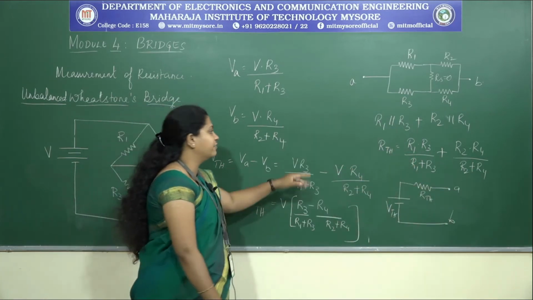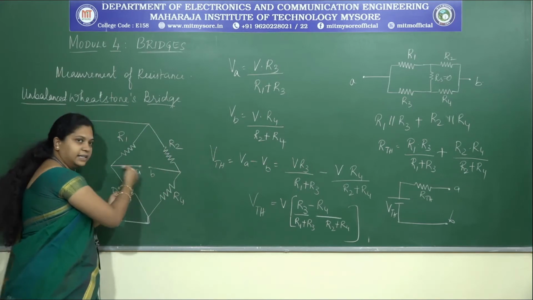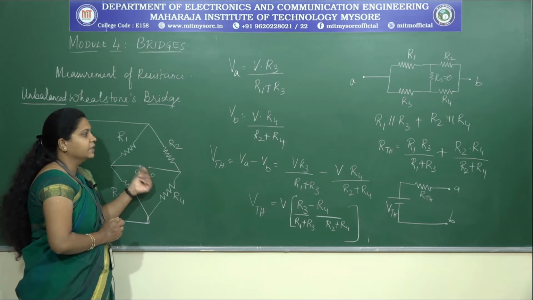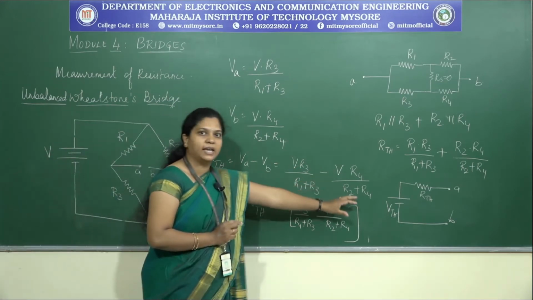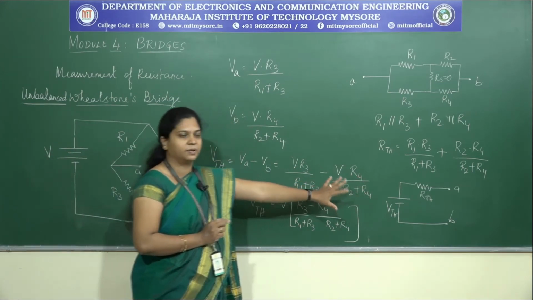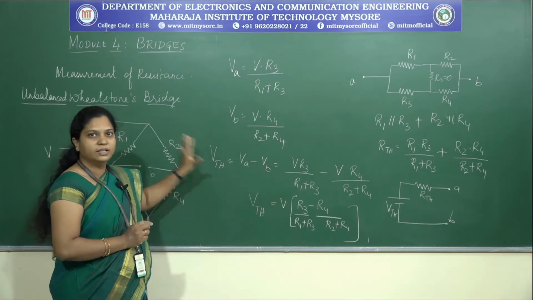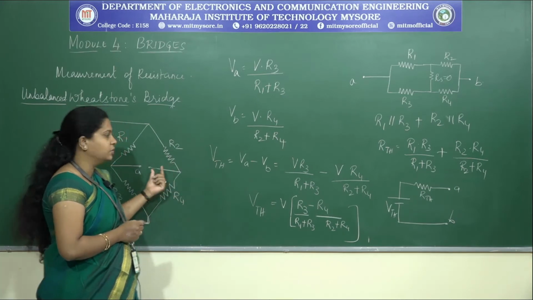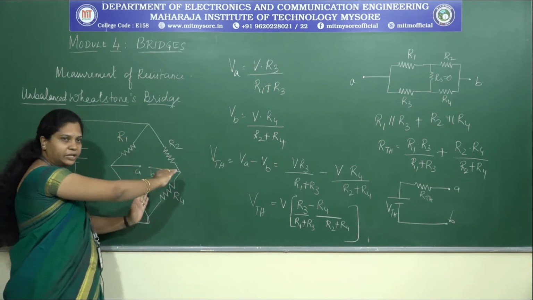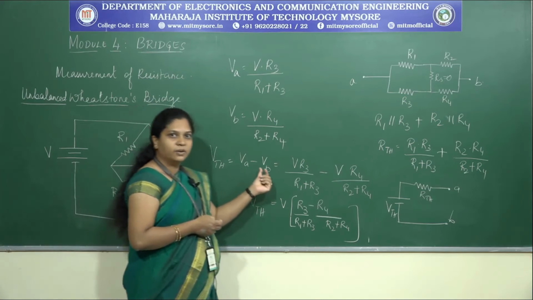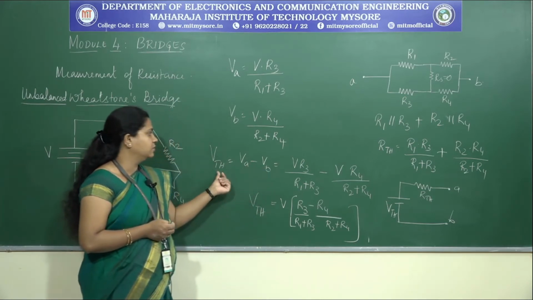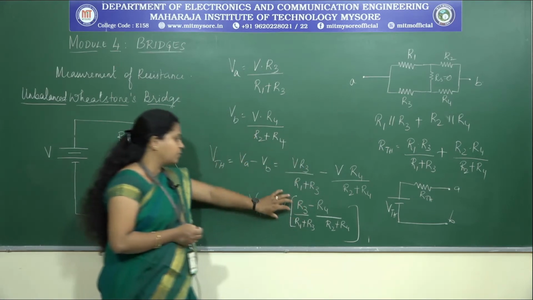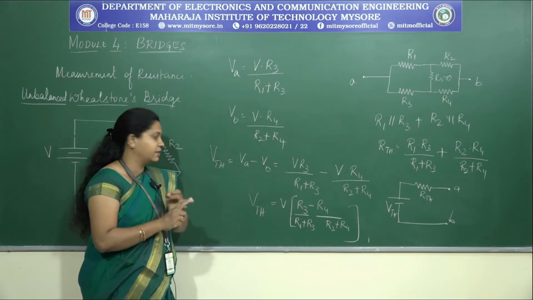We are interested in finding out the current that is flowing between these two terminals A and B. In order to find the potential developed here, we follow the Thevenin's equivalent circuit method, in which we short circuit this, find the separate potentials at points A and B, and then the difference between A and B will be equal to the V Thevenin voltage. Similarly, when you replace this voltage source, you should find out V Thevenin and R Thevenin.